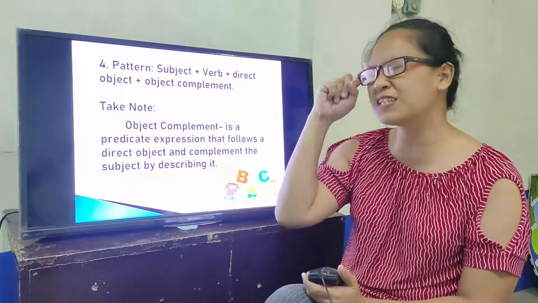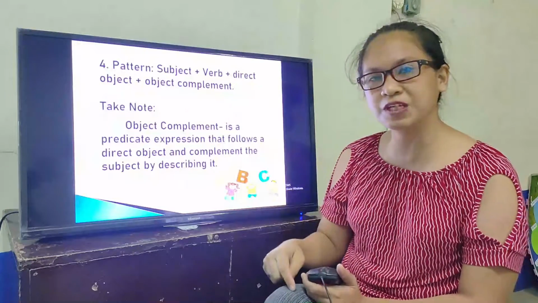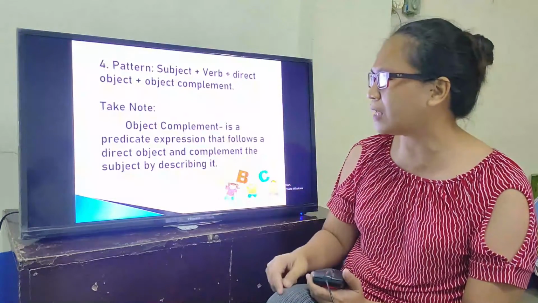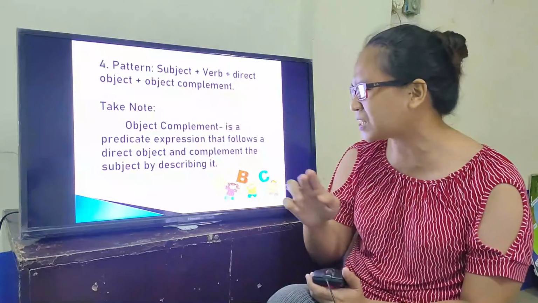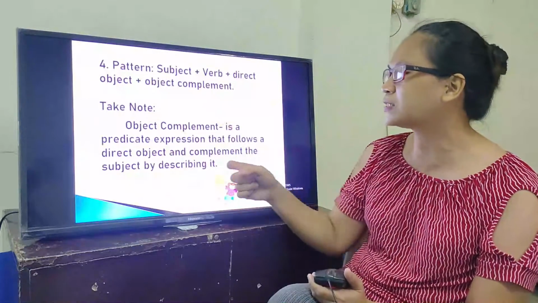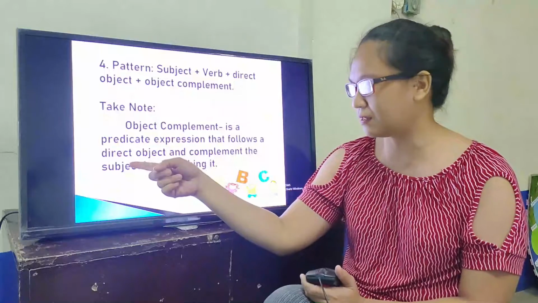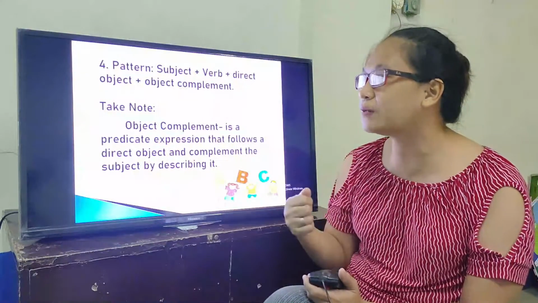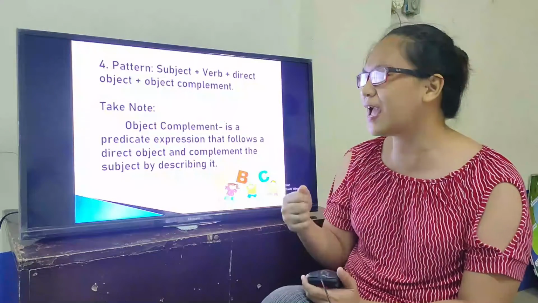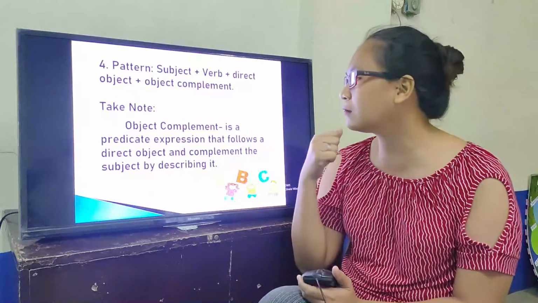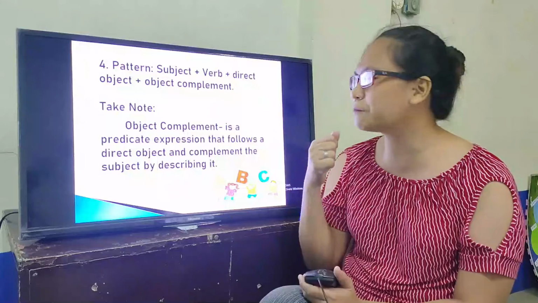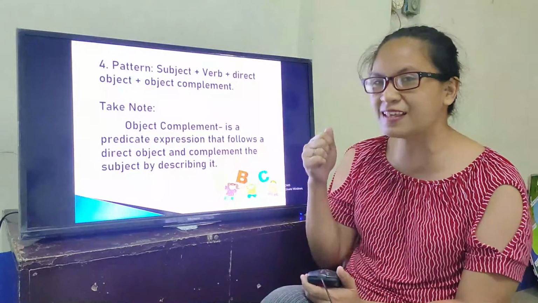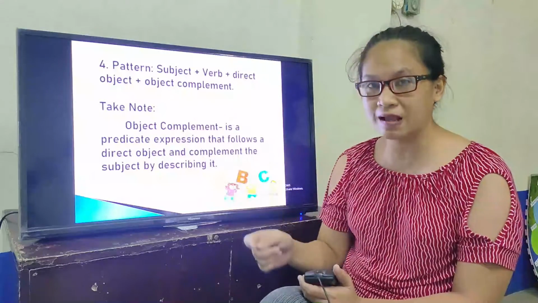Alright, so we have to take note. What is object complement? Object complement is a predicate expression that follows a direct object and complements the subject by describing it. Okay? Again, when we say object complement, it is a predicate expression and it follows the direct object.